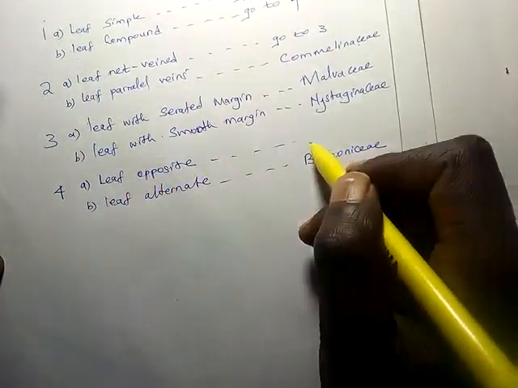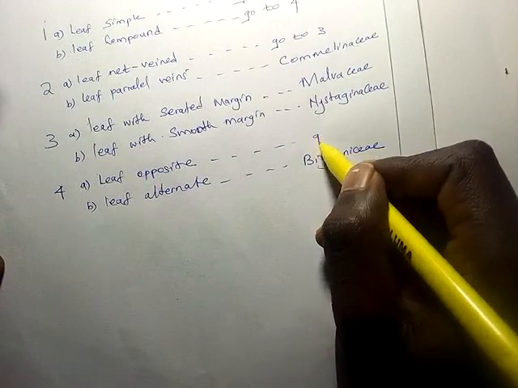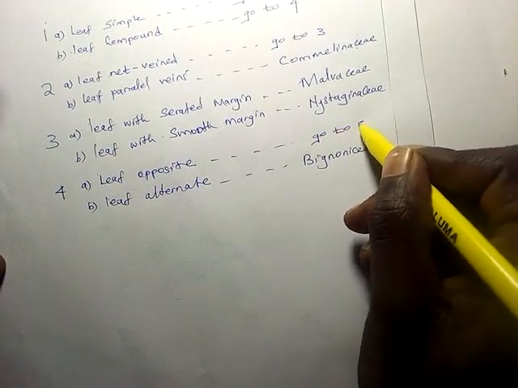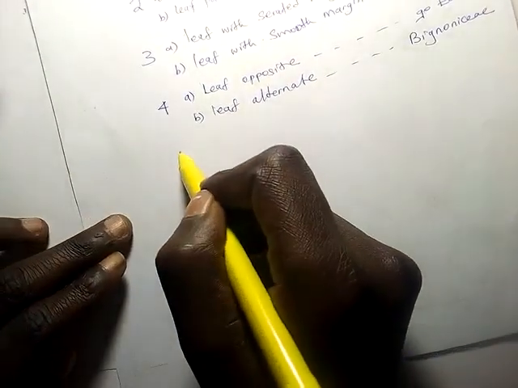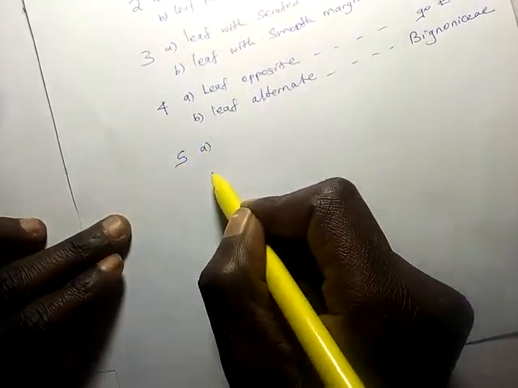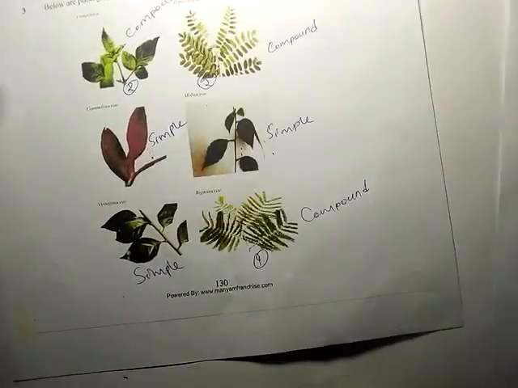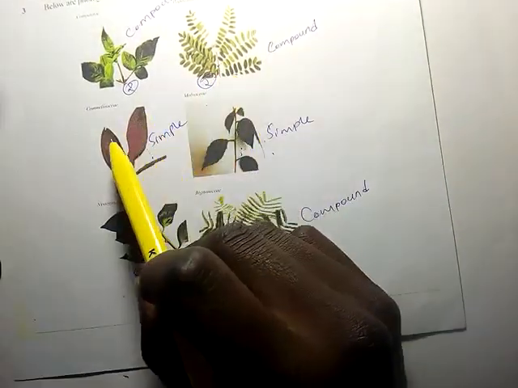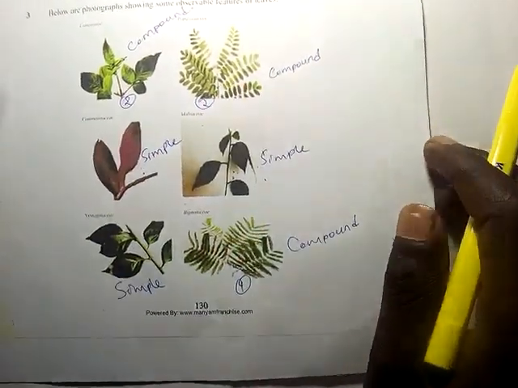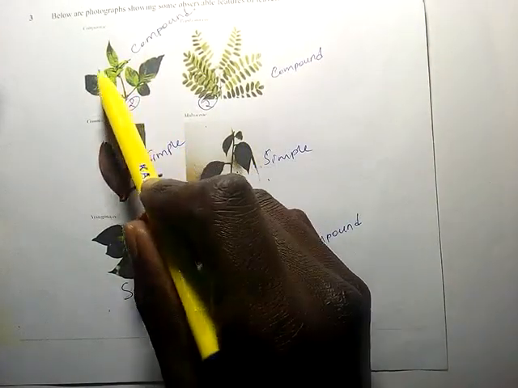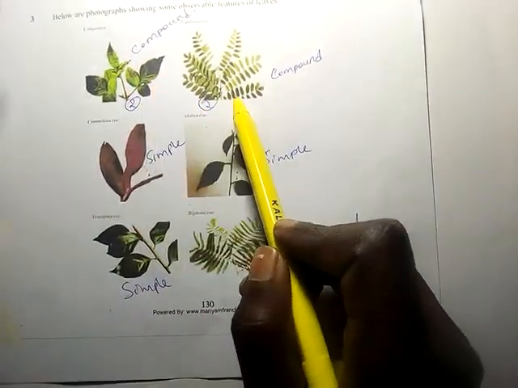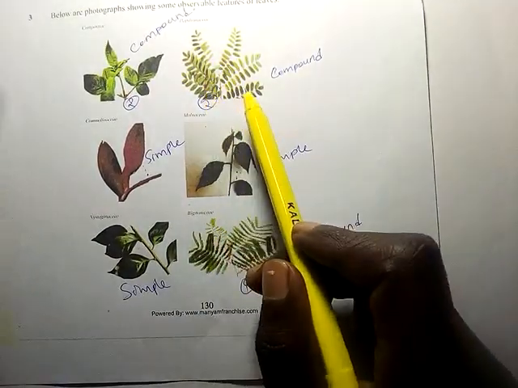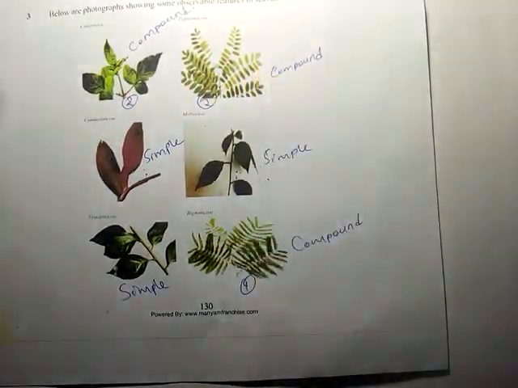While here now, because there are 2, we say go to 5. Now in 5, say 5a and b. This is simple because they are the only 2. Now because there are 3, we'll say leaf trifoliate, and this one there are many, leaf pinnate.